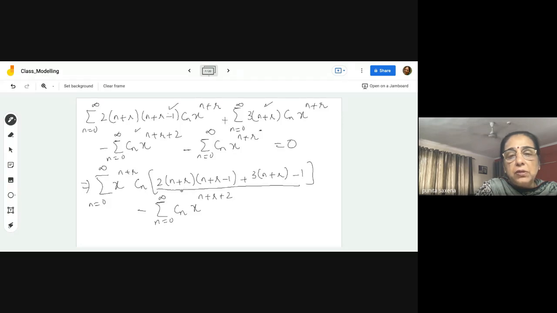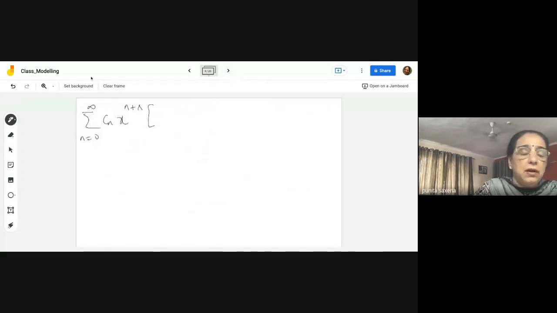Take n plus r common, so it's 2n plus 2r minus 1 plus 3n plus 3r. Are you getting anything? Or just leave it, doesn't matter. Our terms are not going to be simplified, so we leave it as it is. I was thinking if it gets simplified, then it's going to be plus 3n plus r minus 1.